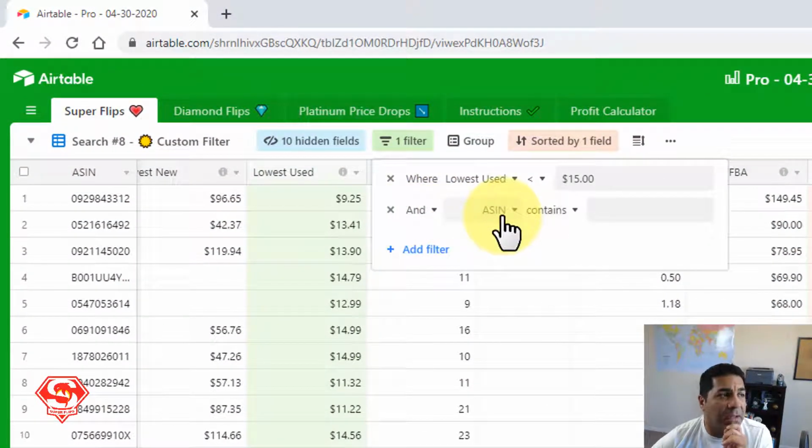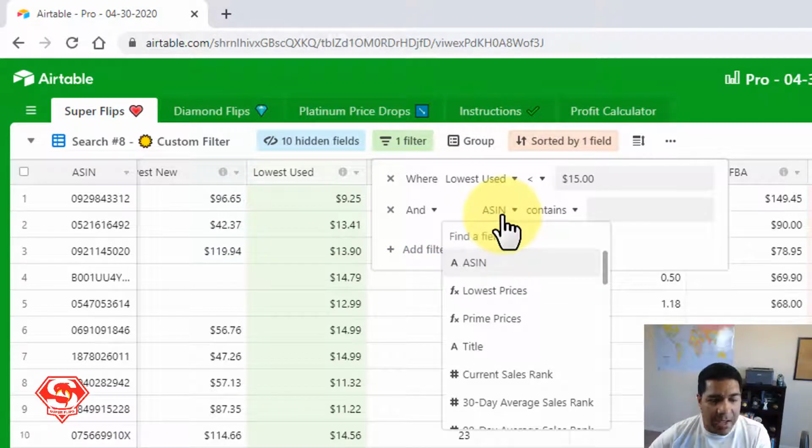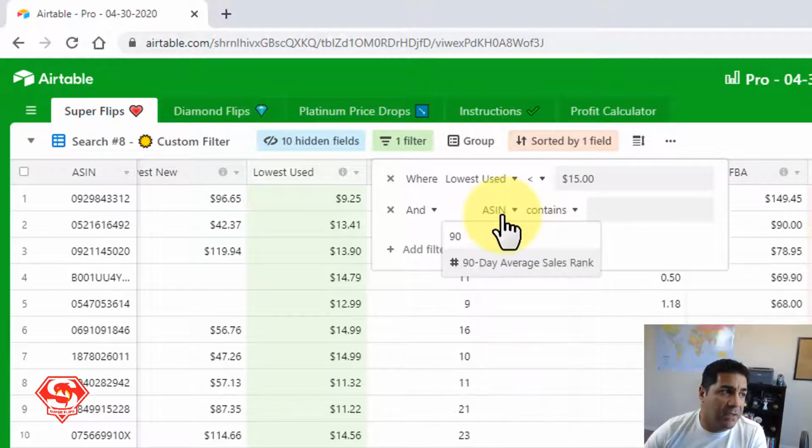It says, I want an average sales rank, or a 90-day average sales rank that is between two numbers, 150,000 and 300,000. Now, I'm not telling you that's the sweet spot, right? We find books in all ranges, but you can do that here.